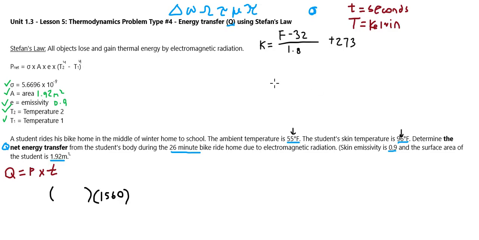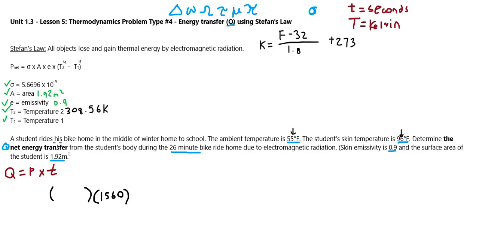So for the first one, we're going to do the 96 first, because that's temperature 2. 96 minus 32, that's 64, divided by 1.8, that is 35.56, plus 273 is 308.56. So in Kelvin, temperature 2 is 308.56 K.